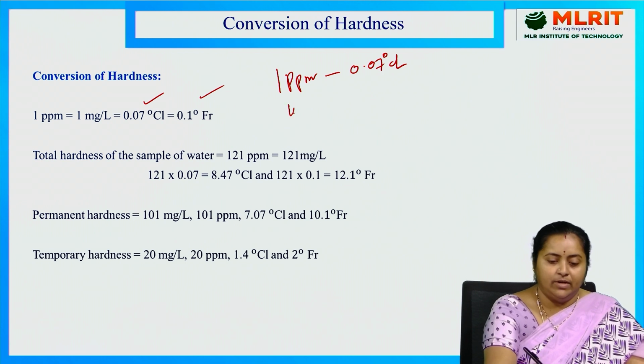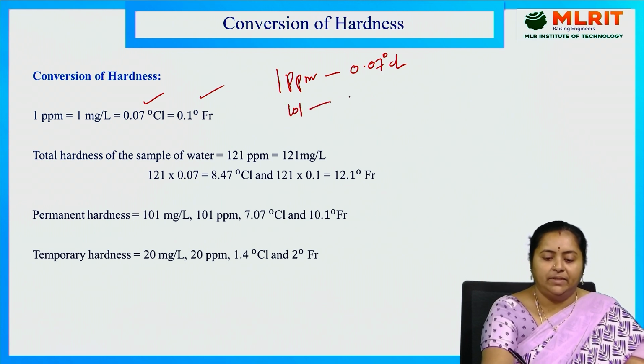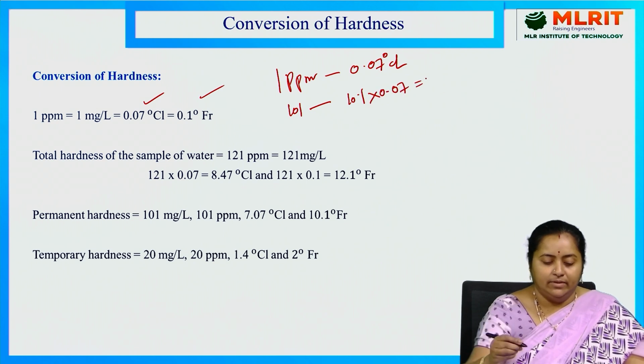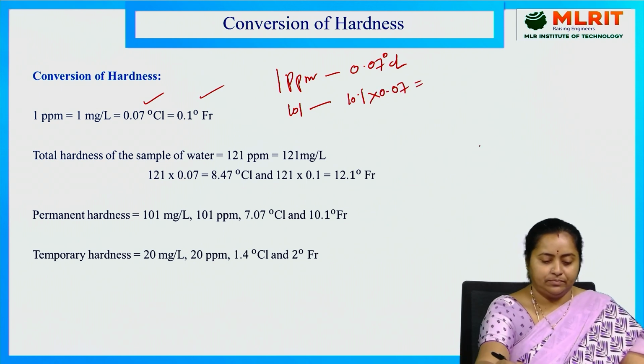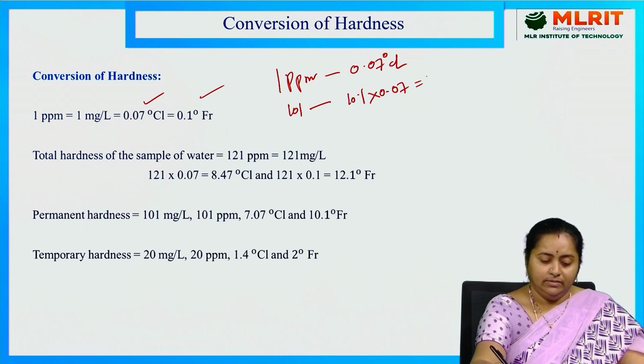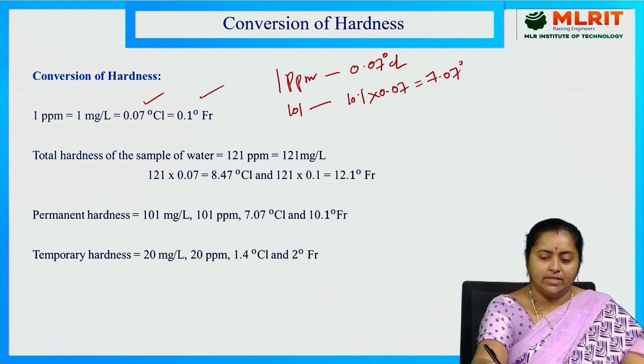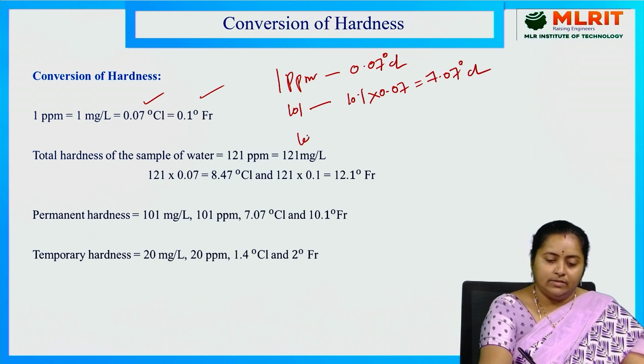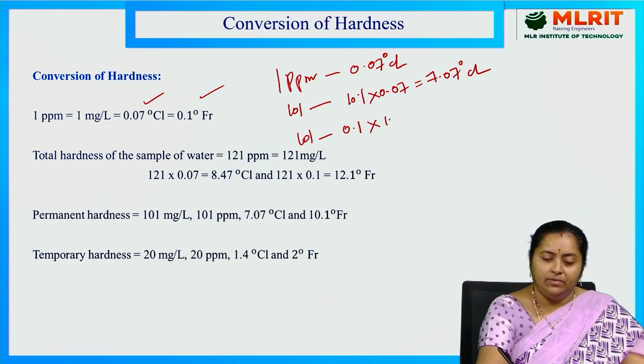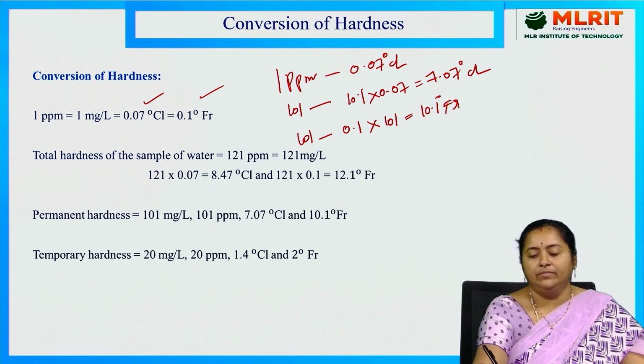So for 101, the conversion is 101 into 0.07. So it becomes equal to 7.07 degree Clark. The same way, for degree French, 0.1 into 101. It is equal to 10.1 degree French.